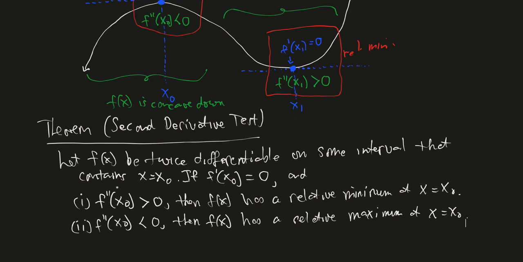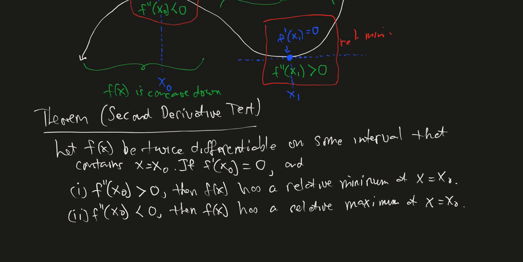Unfortunately there are instances where this test does not lead to a definitive conclusion. If we plug the critical number or value into our second derivative, and that is also equal to 0, then it's inconclusive. We don't know what's going on. There's not enough information based on this evidence for us to come up with a definitive answer.